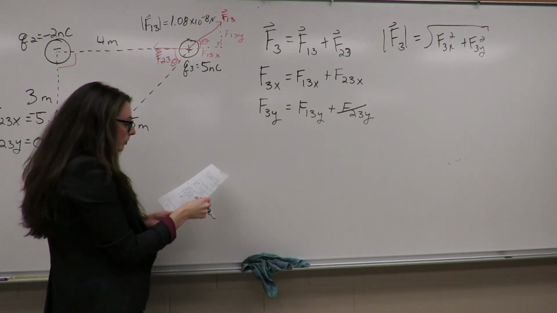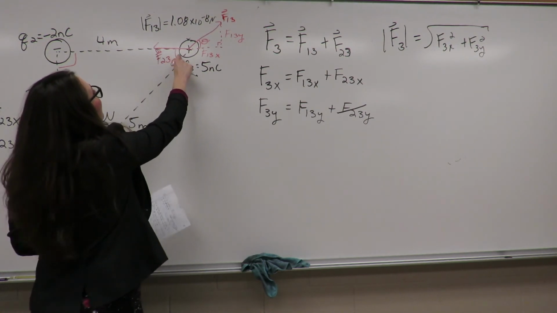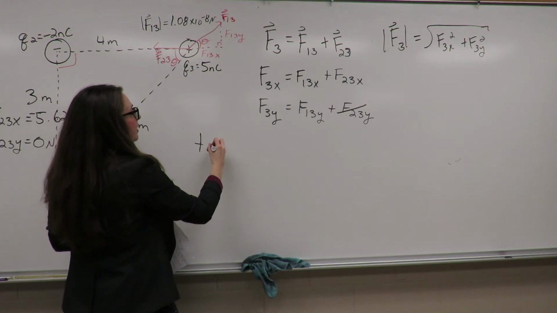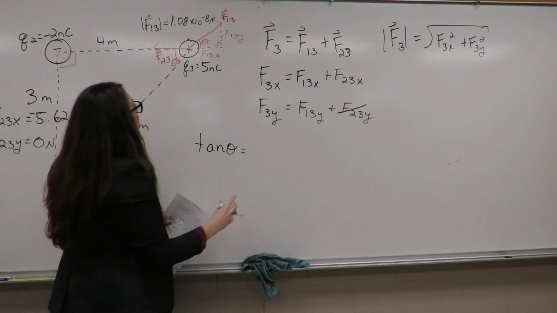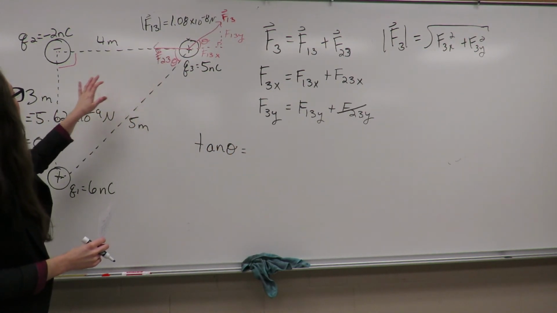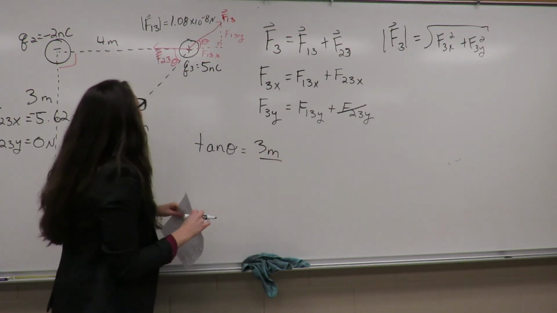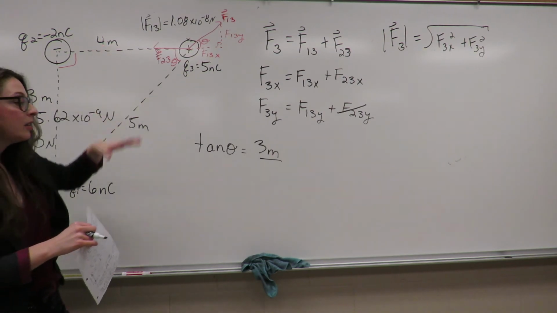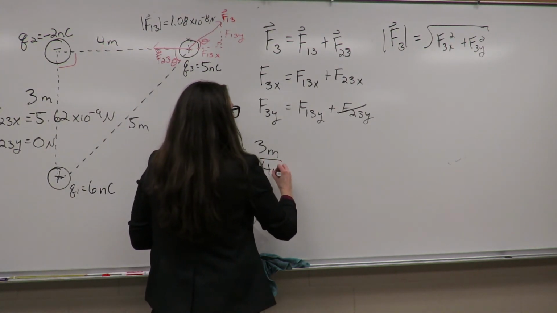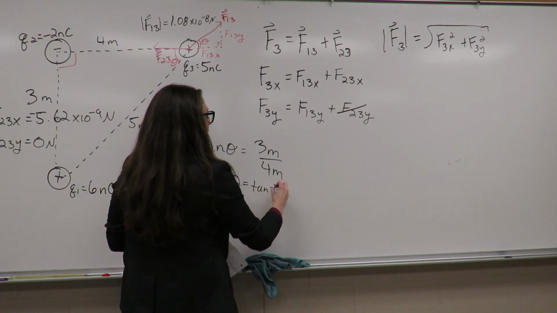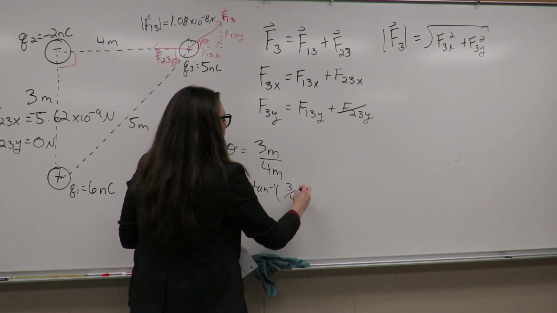So, we want to find this angle right here. And in order to find this angle, we've got that the tangent of theta is equal to the opposite side, so 3 meters, over the adjacent side. So we've got 4 meters here. And so then my angle theta is equal to the inverse tangent of 3 over 4.